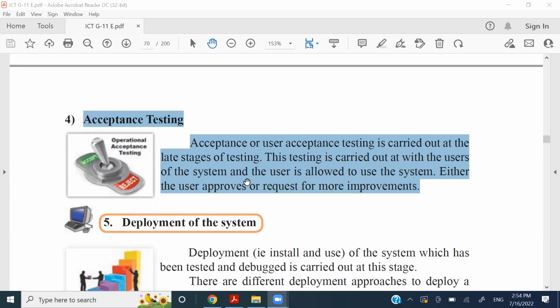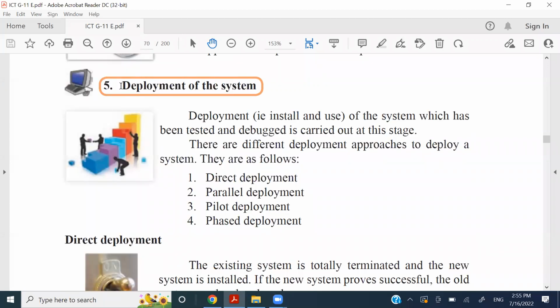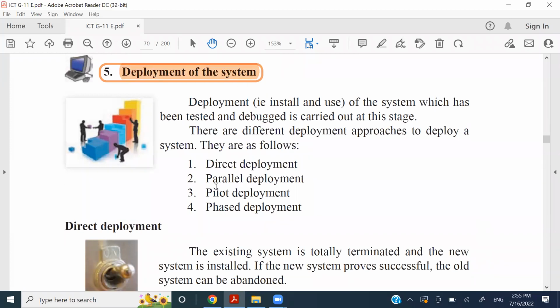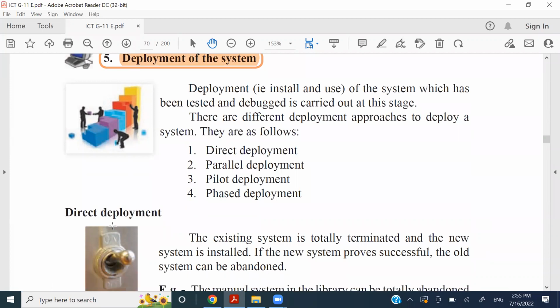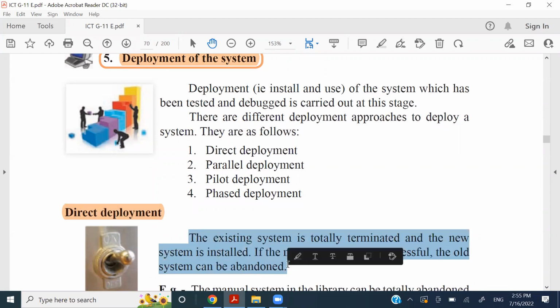All right, so let's start writing from here: deployment of the system. And we'll straight away move to the subheading, direct deployment. You can mark it as number 1, direct deployment. And you can copy this down.